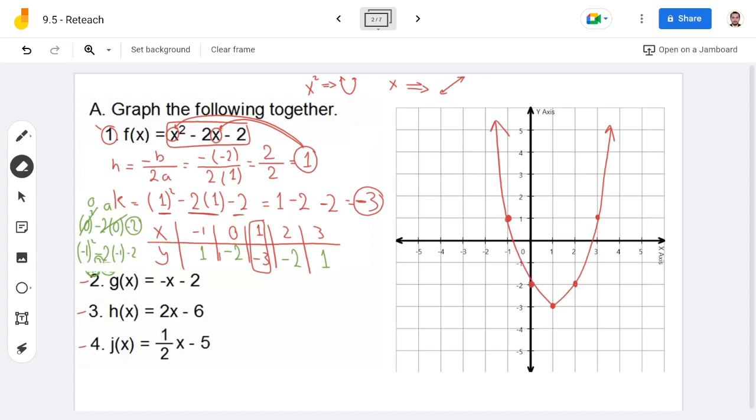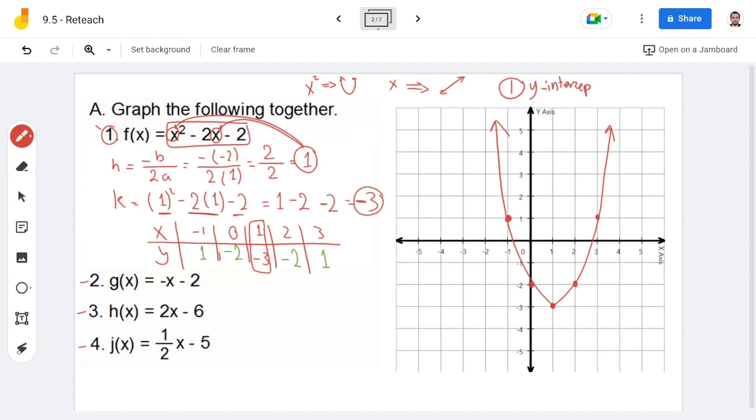Now let's start to graph the other linear functions. Do you remember how we can graph linear functions? Yes, to graph linear functions, number one, we need to find the y-intercept.